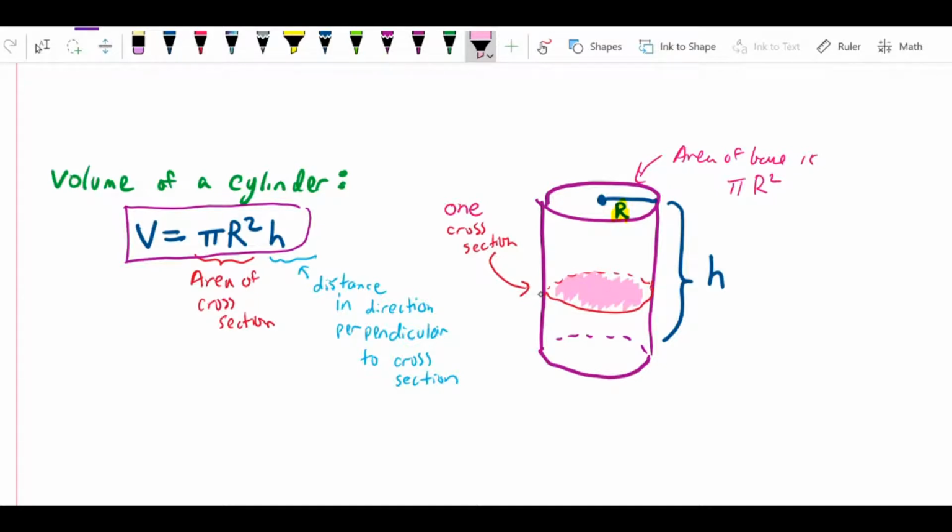If we imagine this cross section being a circle, the side of the can is at right angles to that cross section. So the distance h proceeds in a direction perpendicular to that cross-sectional circle, and the volume of the full cylinder is just given by the area of the cross section times the full distance h from the bottom of the circle to the top.